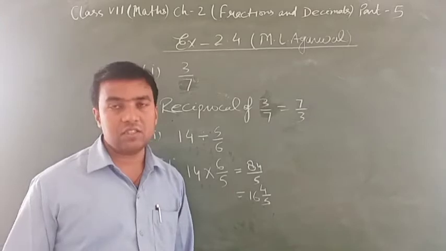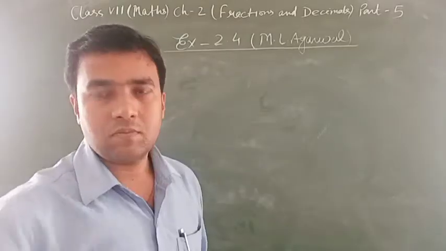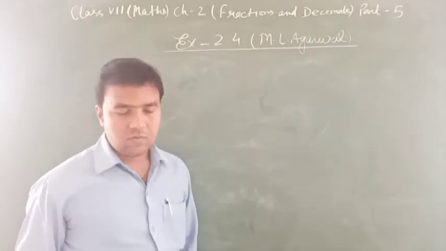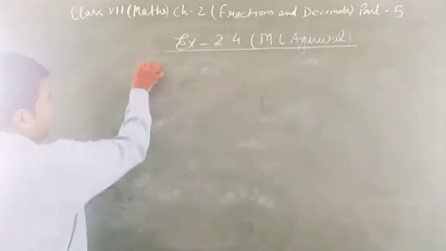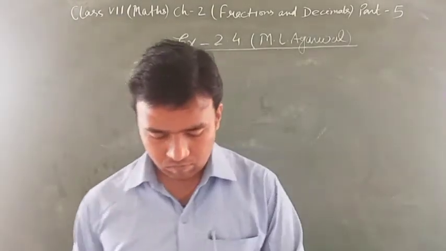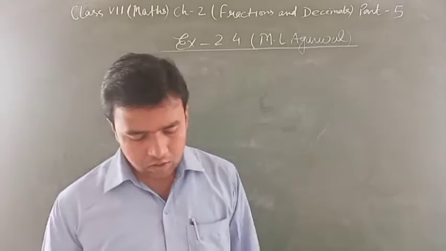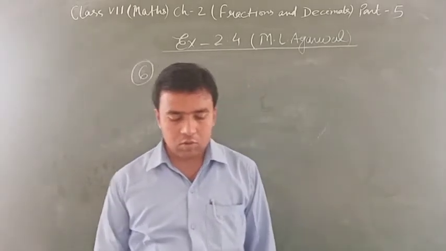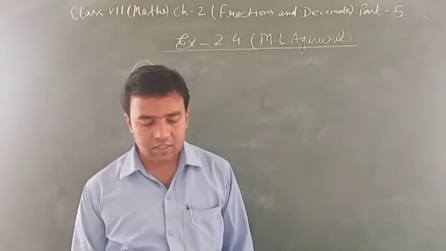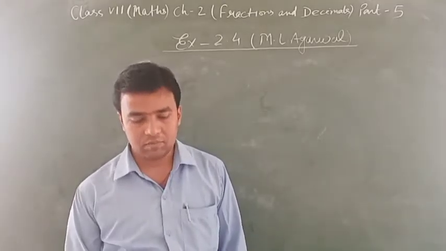Question number 6 is a change, that I will explain. Question number 6. The cost of 5 whole 1/4 kilogram apple is 336. What is the rate of apple per kilogram? Clear?